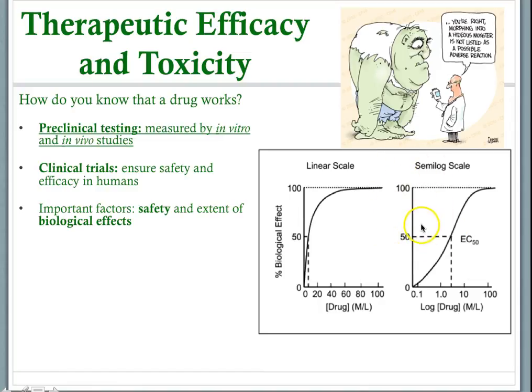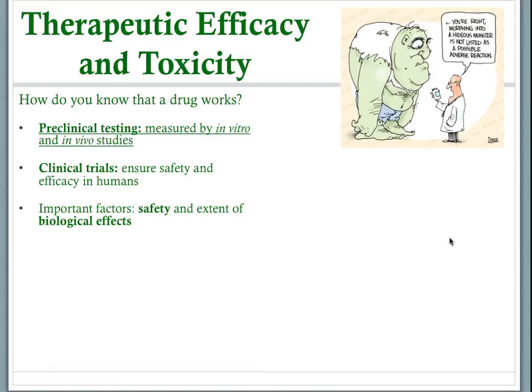So the maximal biological effect, when we've gotten 50% of that effect, the concentration where that happens is what we call the EC50. So this is a very standard measure of efficacy, of the biological effect of something. It's called the EC50, effective concentration. So this EC50 tells us something about efficacy.